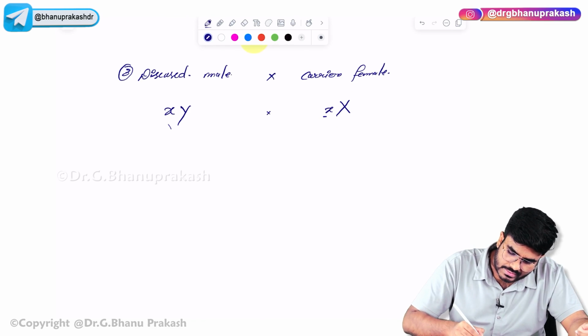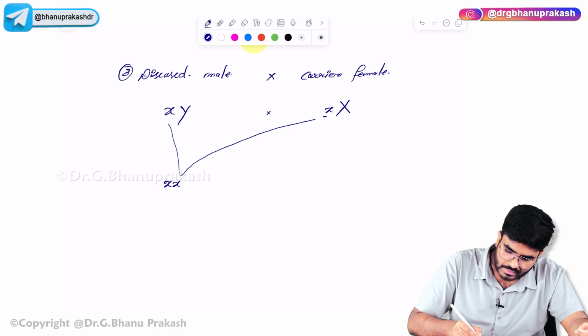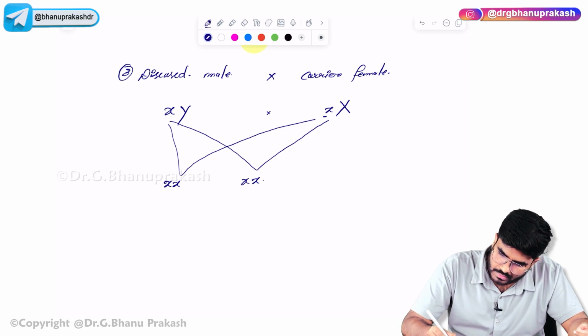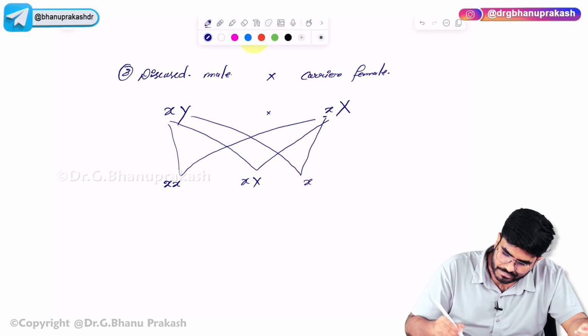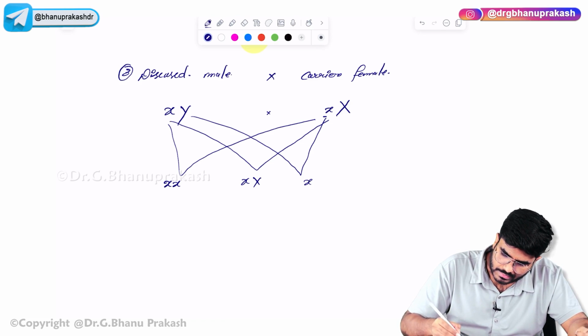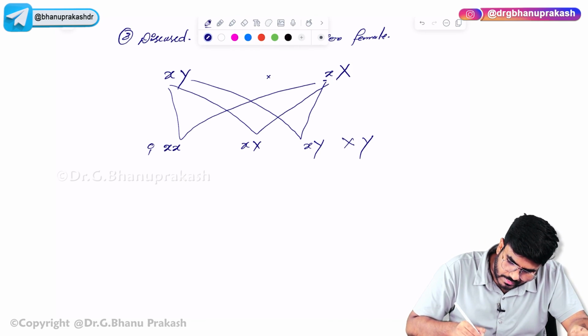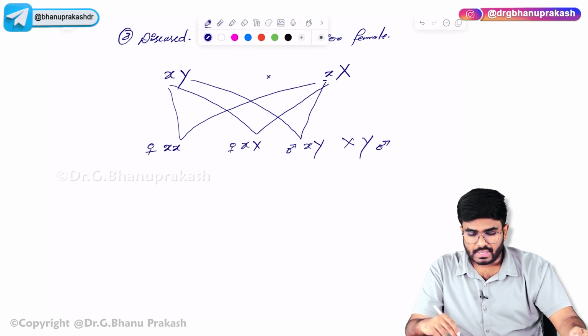Now see, when this couple mates, the offspring are going to be small x and capital X, small x and Y, capital X and capital X... sorry, small x and capital X, small x and Y, capital X and Y. So first of all, this is a female, this is also a female, and these are males.